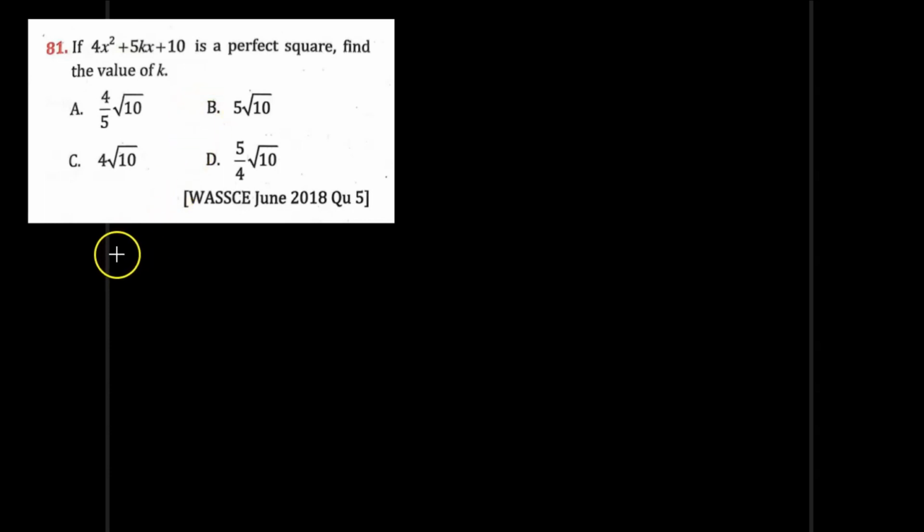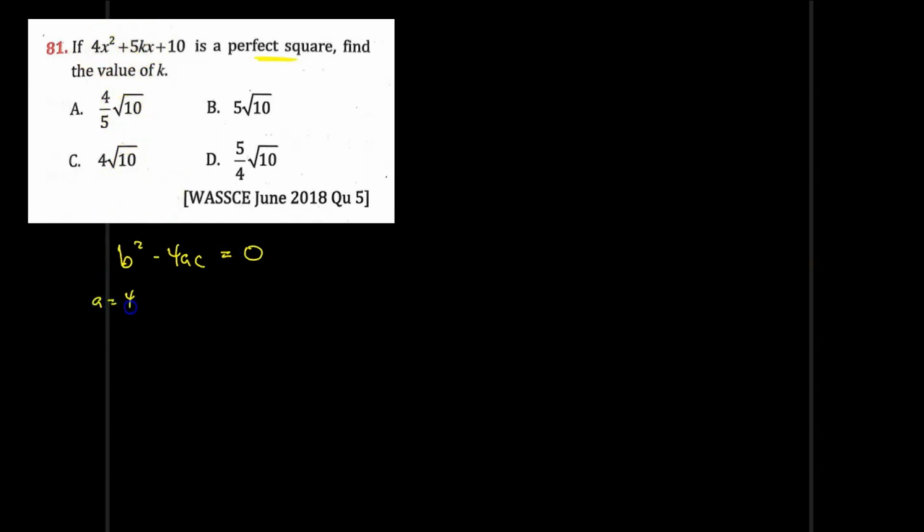Therefore, our discriminant is b squared minus 4ac. But because it's a perfect square, for the value of k to be obtained, our discriminant must be equal to 0. Let's select our coefficients.